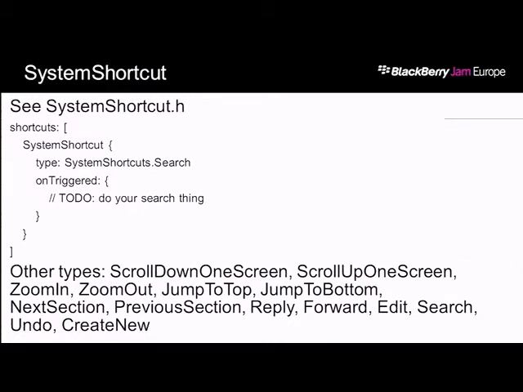What's this? System shortcut. Okay, those are the shortcuts for the common stuff across the platform, such as scrolling down one page or one screen, up and down, zoom in, zoom out, jump to top, jump to bottom, search, next section, all of those things. And this is how you add it. You just write system shortcut to any of your elements.